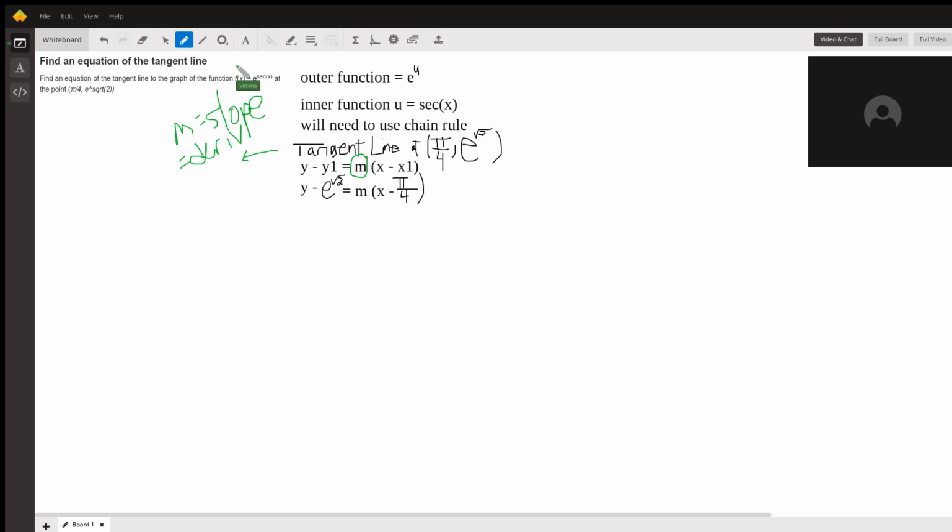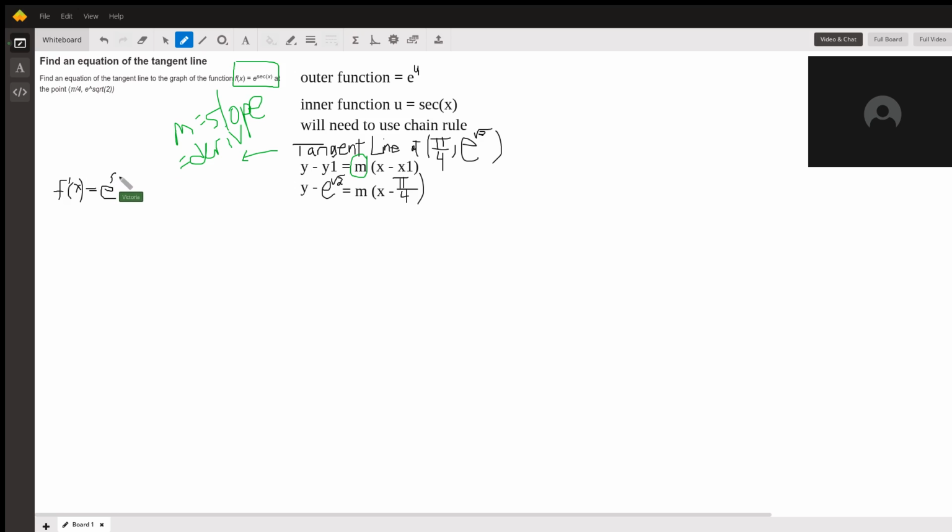So here's our function, and it's made up of two functions. There's the outer function, which is e to the something, and then the inner function, which is secant x. So by the chain rule, the derivative of this function is the outside function, which is e to whatever it started with. It's just the repeat.